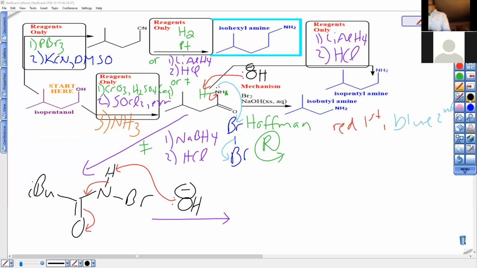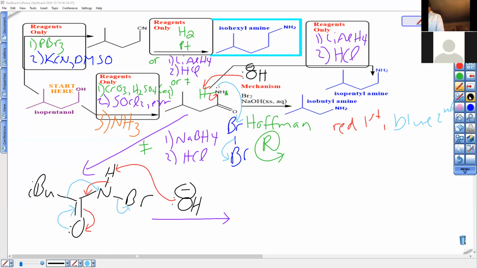And the O already has a lone pair, so it's going to resonate back. The sigma bond between isobutyl and carbon rearranges. I hate to cross arrows, but it's clear that we're going all the way to the nitrogen, I hope.